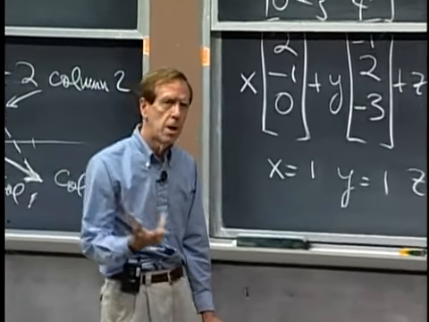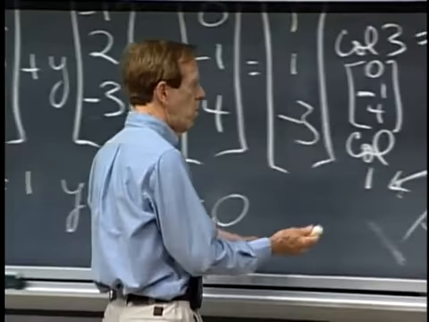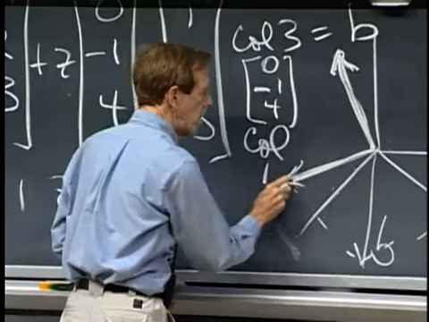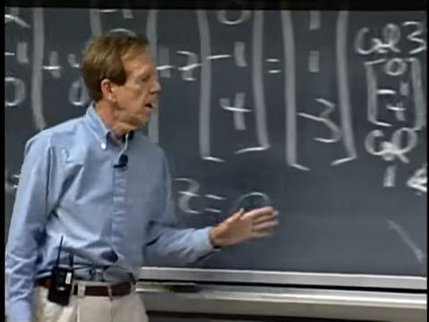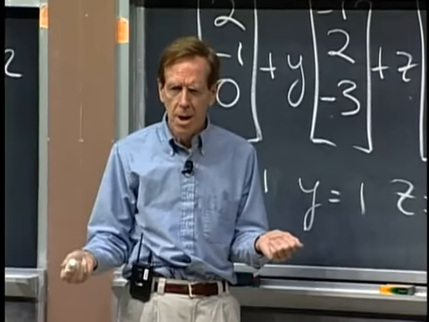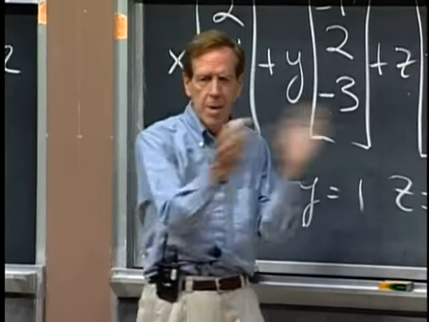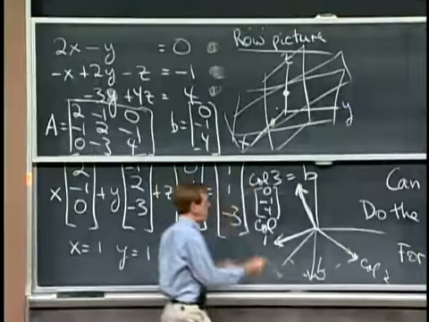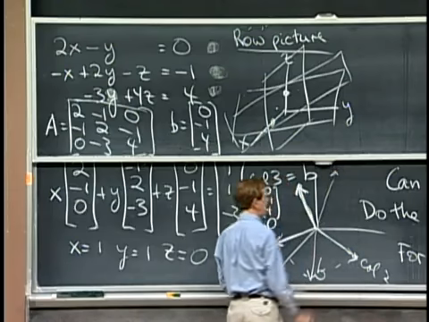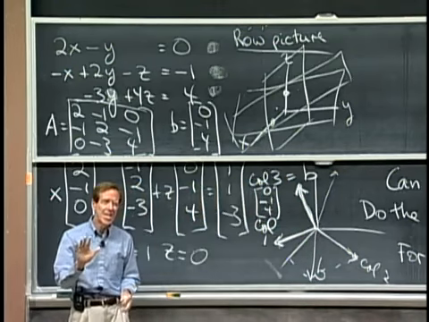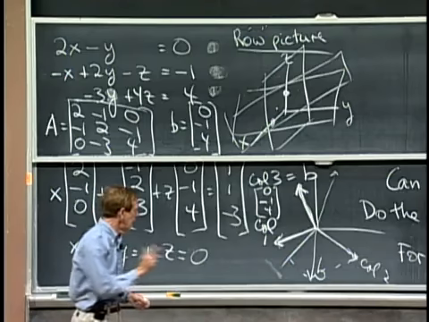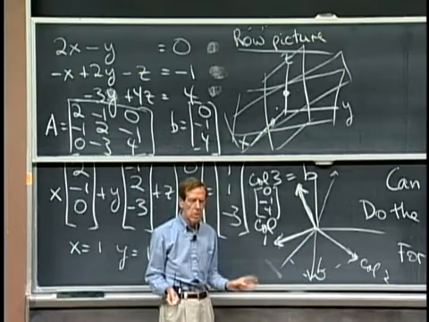What could go wrong? Out of 3 columns and all their combinations, when would I not be able to produce some B off here? Let me say when it goes wrong.